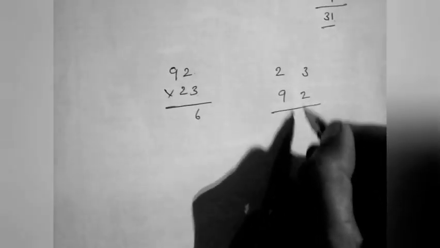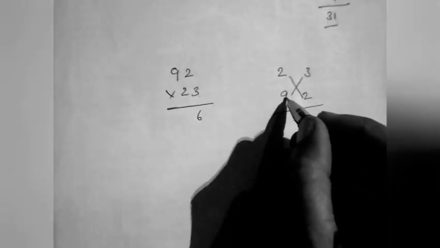We'll do 92 multiplied by 23. First, 2 threes are 6, and we'll write the 2 numbers 92 and 23 like this.